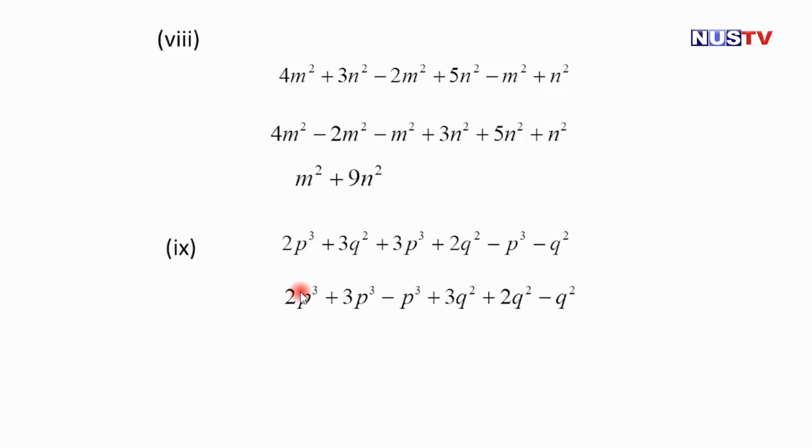Example here: 2p to the power of 3 plus 3p to the power of 3 minus p to the power of 3, plus 3q to the power of 2 plus 2q to the power of 2 minus q to the power of 2. 2 plus 3 is 5 minus 1 is 4p to the power of 3. And 3 plus 2 is 5 minus 1 is 4q squared.